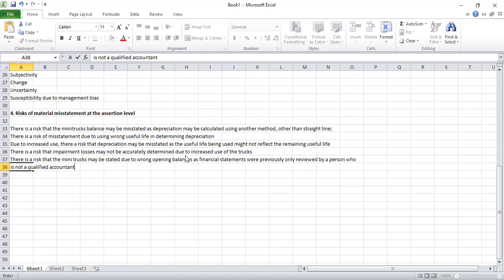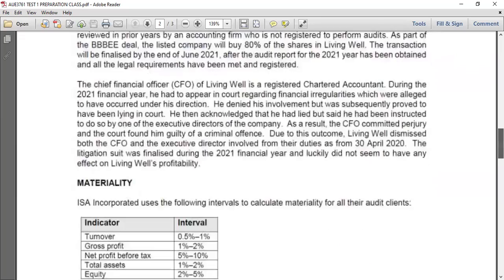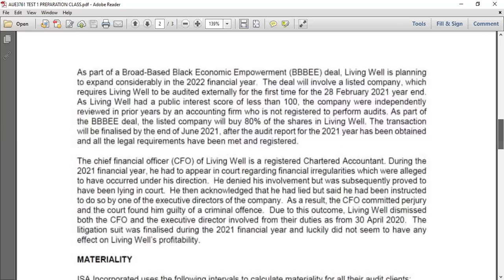I think I read something that prior to this current year, if I still remember quite well, they were being reviewed. Right? They said that prior is who is not registered to perform audits. So the auditor was not registered to perform audits. So maybe we don't know if they did quite a good work. Remember that when you are calculating the mini trucks, if the opening balance is wrong, the accuracy of the closing balance will also be in doubt. So we would also have to check.